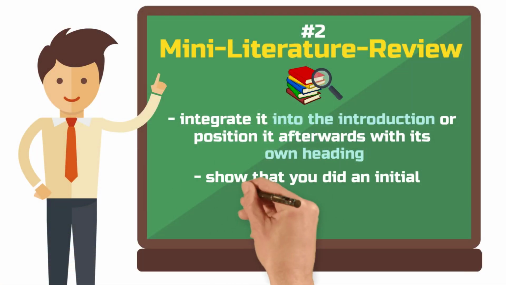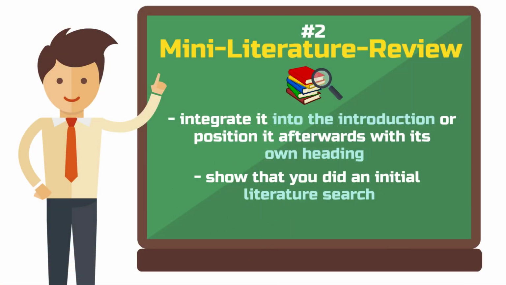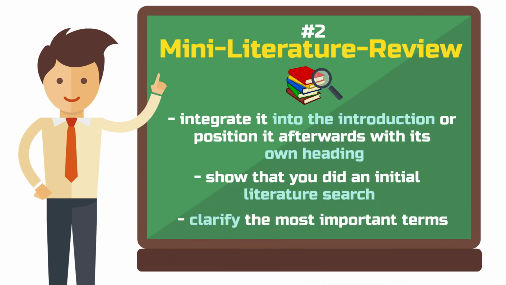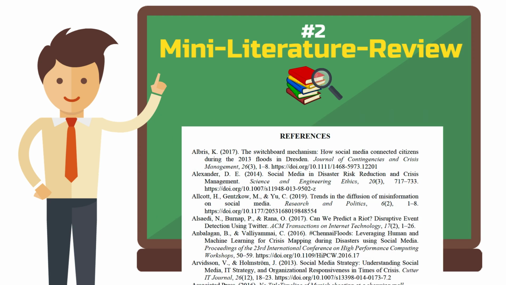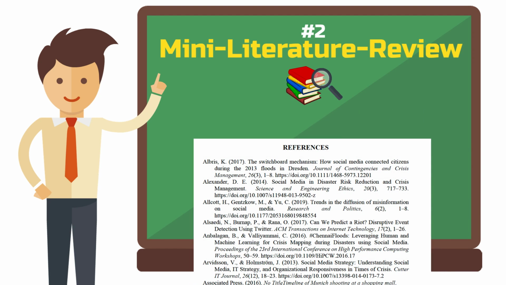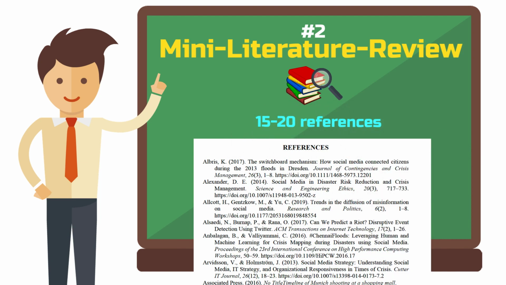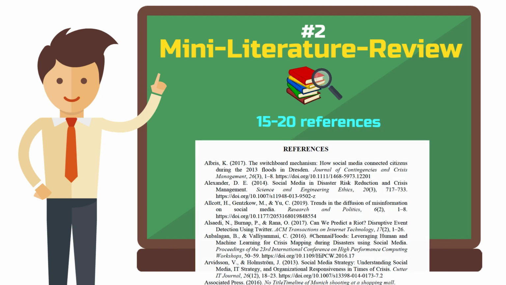Focus on current or closely related literature and clarify the most important terms beforehand. At the end of your research proposal, you should have a bibliography of about 1 page, which translates to 15 to 20 references. It's not enough to have only 3 or 4 references.